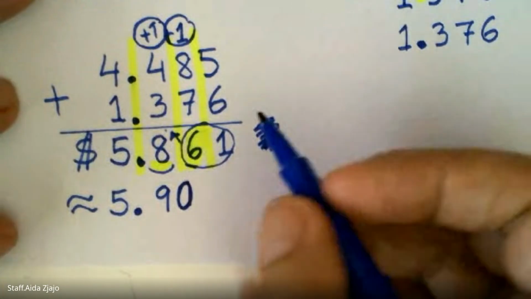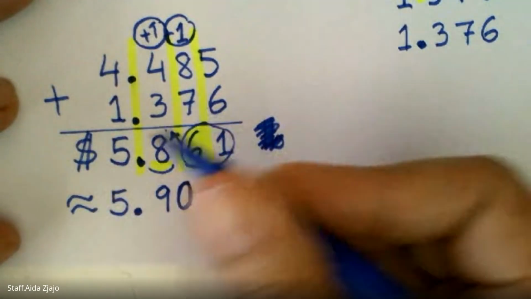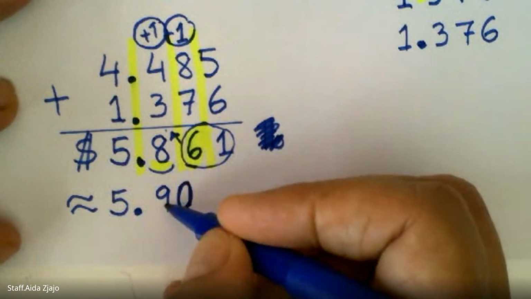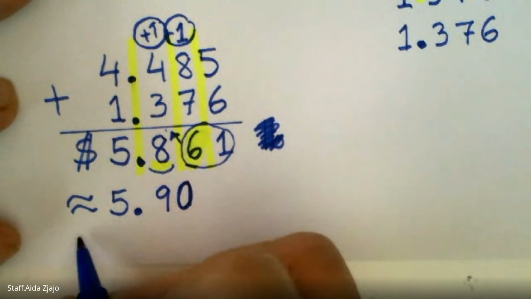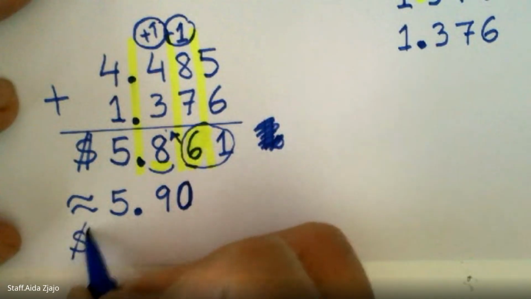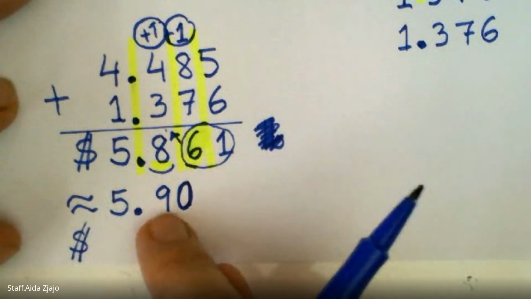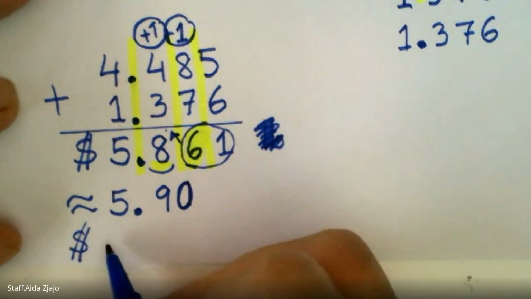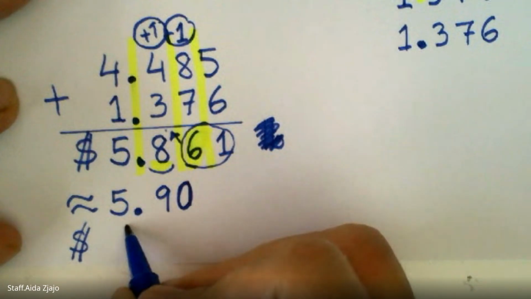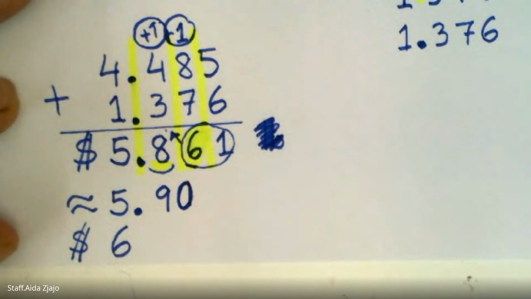If we needed to, that's to the nearest tenth of a dollar. And if we needed to really round to the nearest dollar, $5.861 is about $6 that she has to pay.